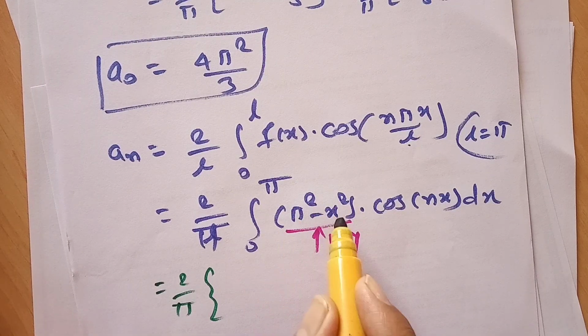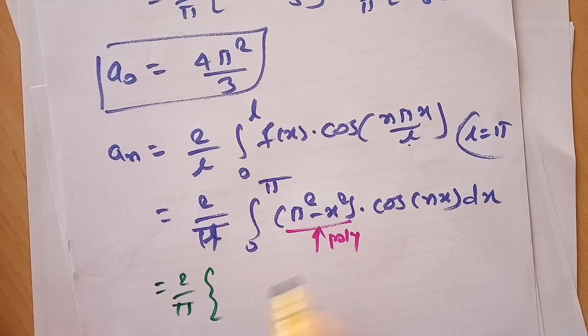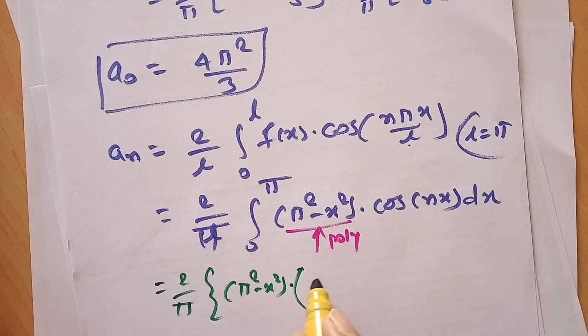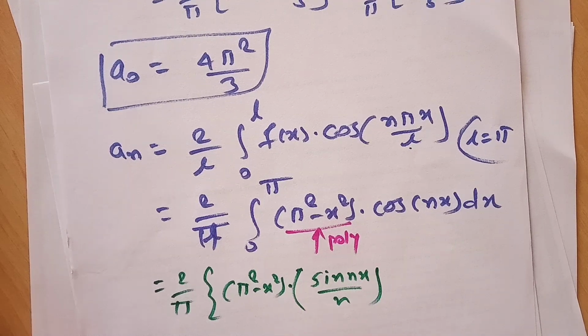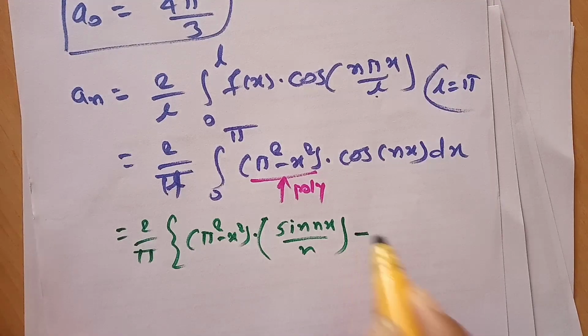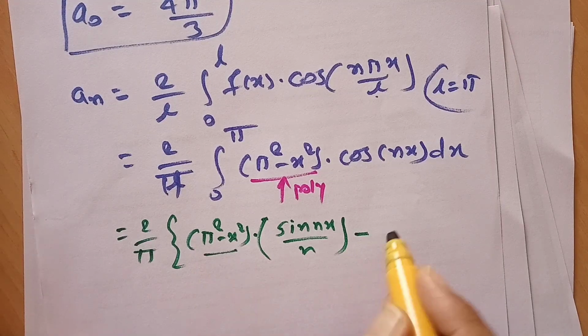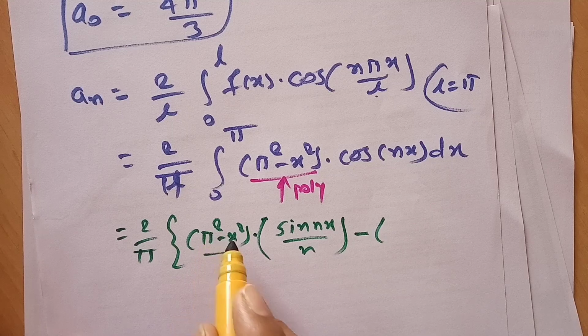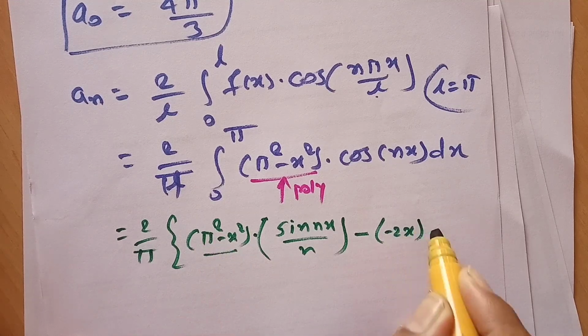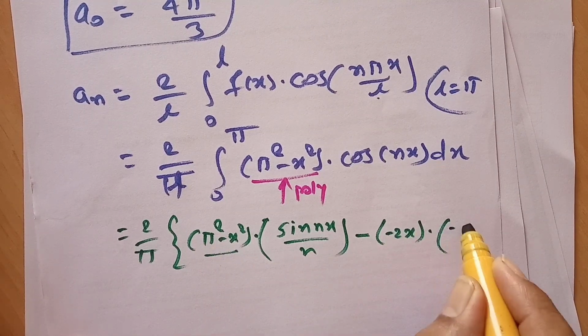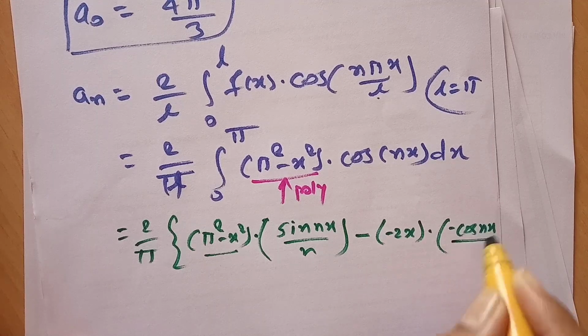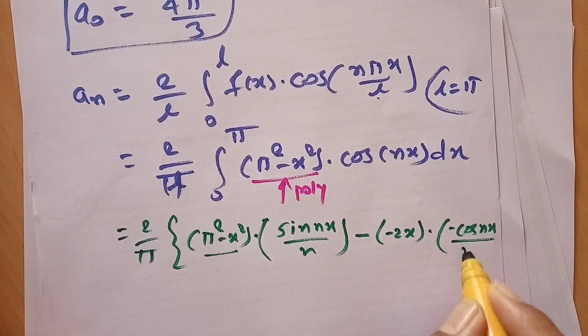I will keep this function: if this is a polynomial, then first of all we write pi square minus x square as it is, into the integration of cos nx, which is sine of nx divided by n. Then minus, we write the derivative of this function: pi square is 0, so minus 2x into minus cos of nx divided by n square.